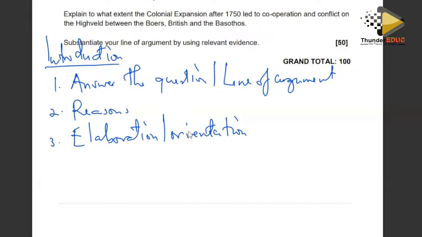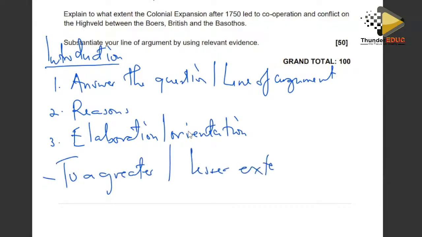So what you must do, you must start by answering the question directly, respond to the question. The question is saying, explain to what extent. We want to see the extent. To what extent the colonial expansion after 1750 led to. Right, so we are saying the extent must address the question to a greater extent or to a lesser extent.